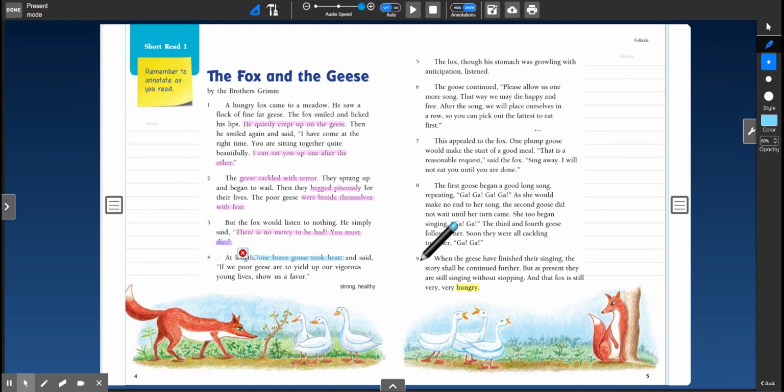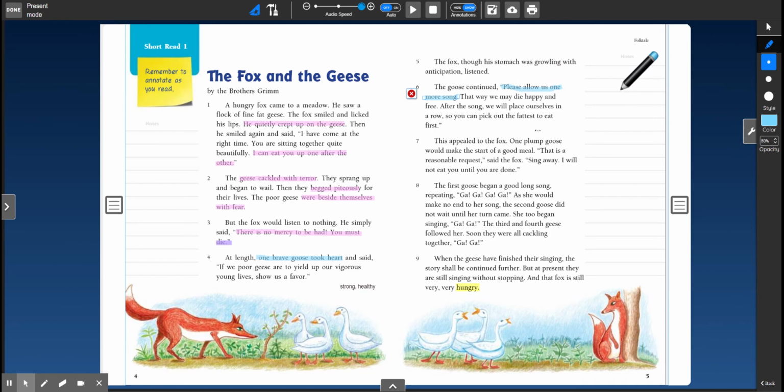So what is the plea? What does that goose ask for from the fox? Go ahead and reread paragraph 6 and highlight what that goose wants the fox to let them do. They say, please allow us one more song. After the song, you can eat us, right? So let us sing for you, okay?